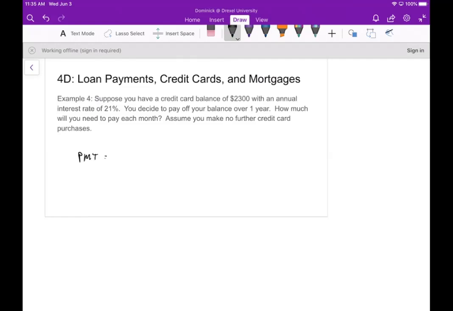My payment is equal to my principal times R over N, and then all of this over 1 minus 1 plus R over N to the minus NT. So now in this case, my principal is $2,300. My interest rate is 21%, which by the way is not out of the question for a credit card interest rate, right?